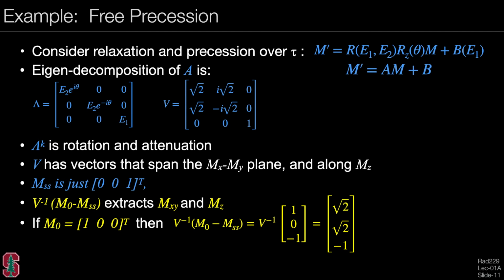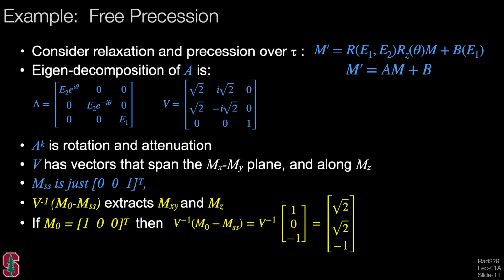If we start with an initial condition where the magnetization is along mx, then we multiply this by the inverse of the eigenvector matrix after subtracting the steady state. Remember, this gives us an mx and a minus mz because subtracting the steady state actually gives us minus 1 here. If we do this, we get the components that will multiply the eigenvectors.